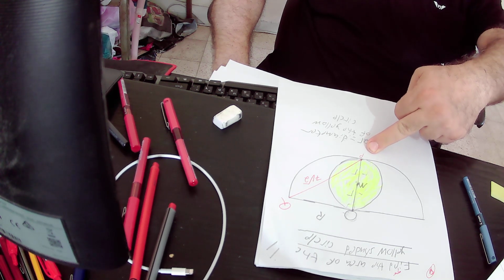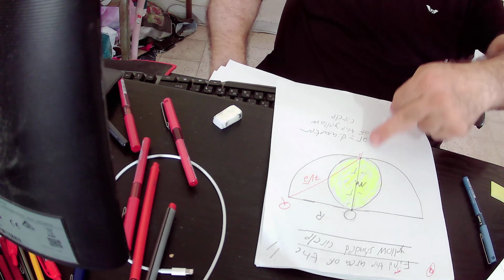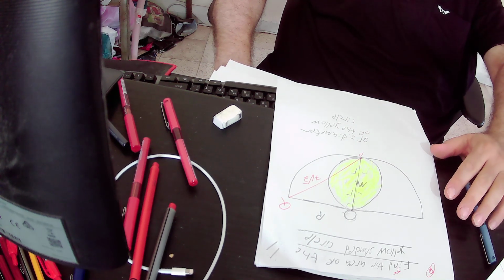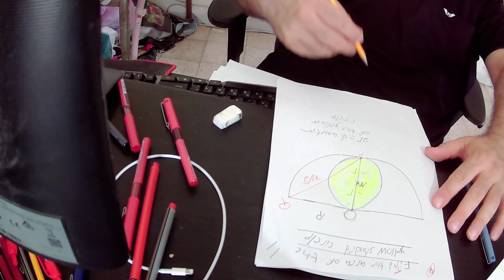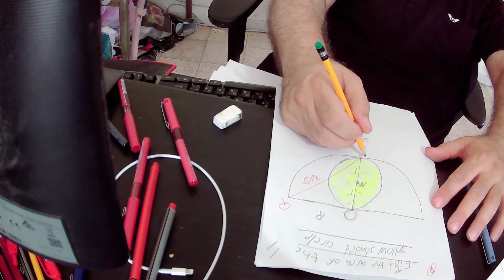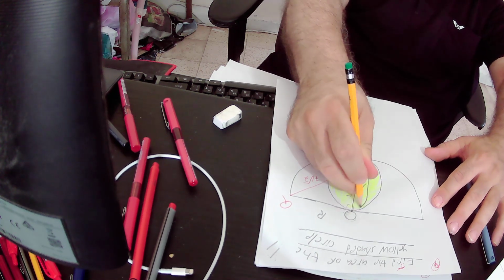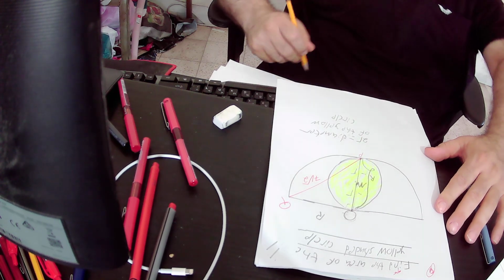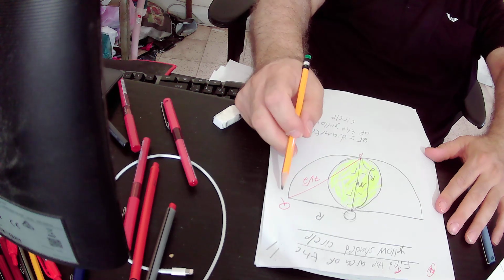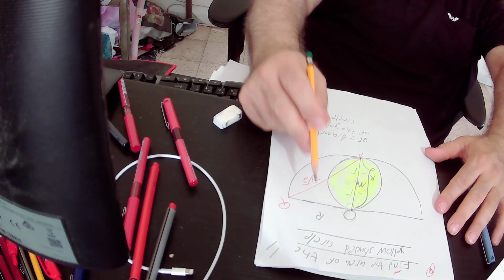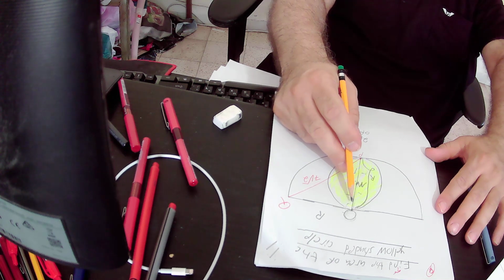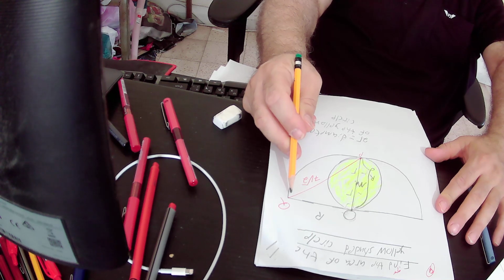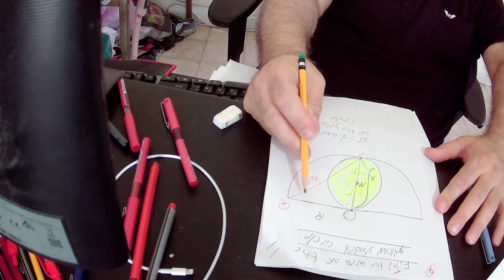So we can define PO as the radius of the semicircle. Let's call it capital R. OP is capital R, and also OQ is capital R because it exits from the center of the semicircle and ends at a point on the semicircle.